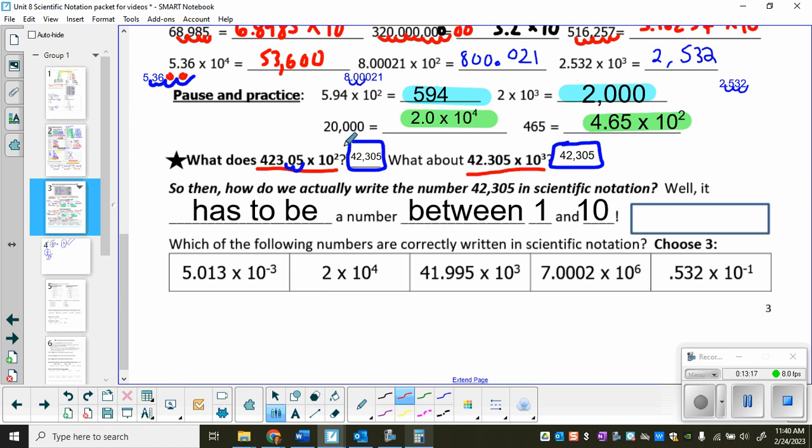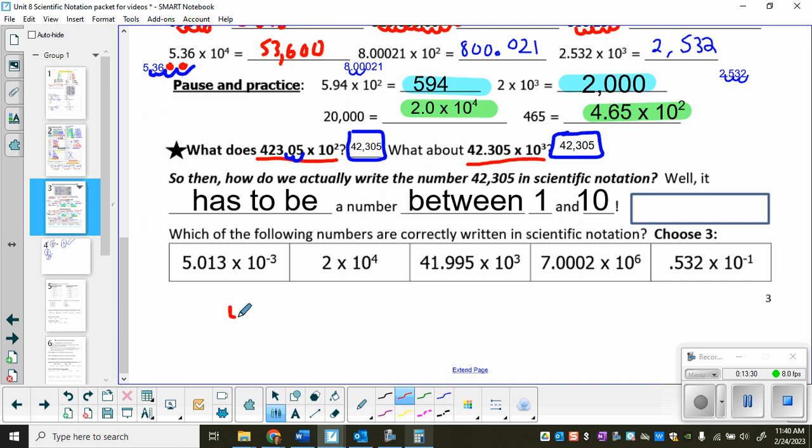There's a rule here, kind of like in grammar classes, where you have to capitalize at the beginning of a sentence. The rule here says the number in the problem has to be between 1 and 10. So again, we could do the 423.05, or this one, 42.305.